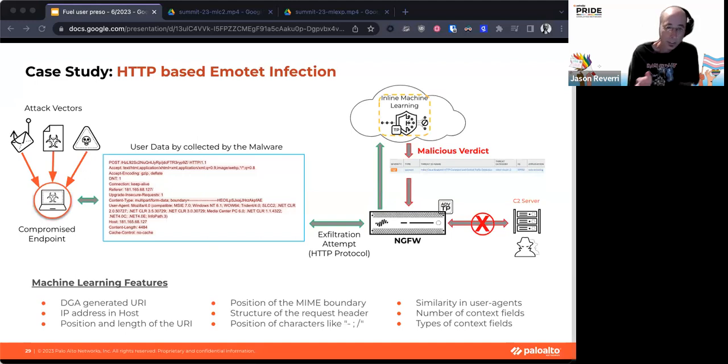So some of the characteristics in here that we can pull out as a human analyst that might be suspicious, things that the deep learning model keyed off of, include the use of a DGA in the URI. There's an IP address in the host field instead of an FQDN, which is what we'd expect. And also the position and the length of the URI is indicative of what we see commonly in command and control.